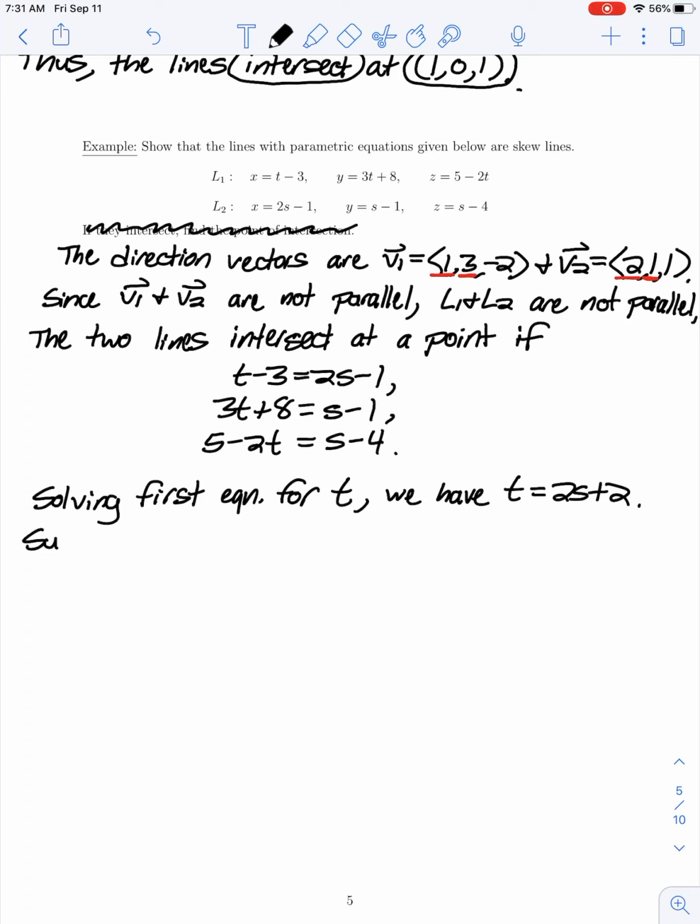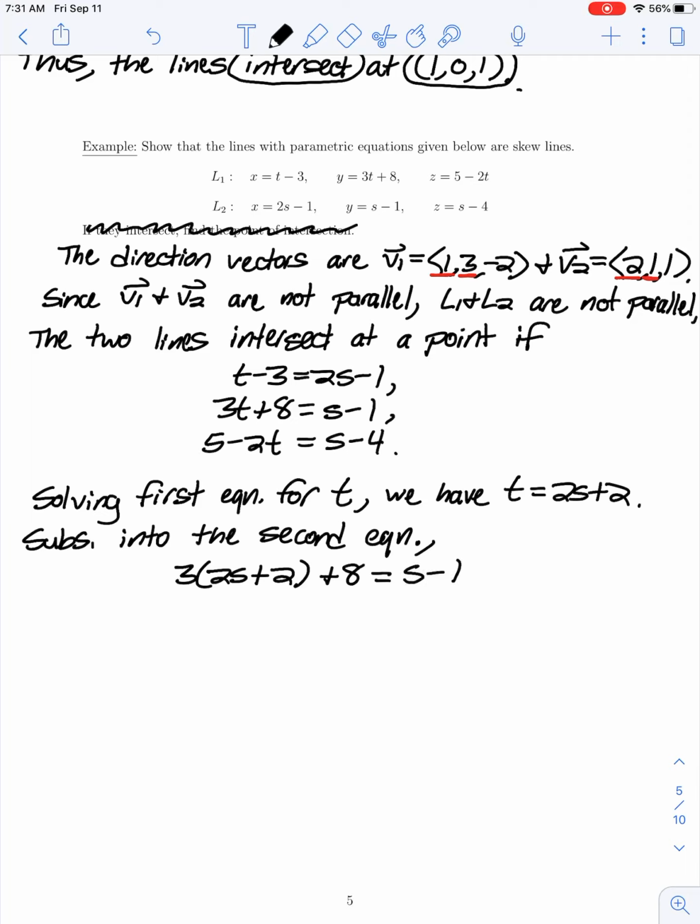So if I take this and substitute into the second equation, on the left-hand side, I have 3 times t, which is 2s plus 2, plus 8, has to equal s minus 1. So simplifying, we would have 6s plus 6 plus 8, which is plus 14, has to equal s minus 1.